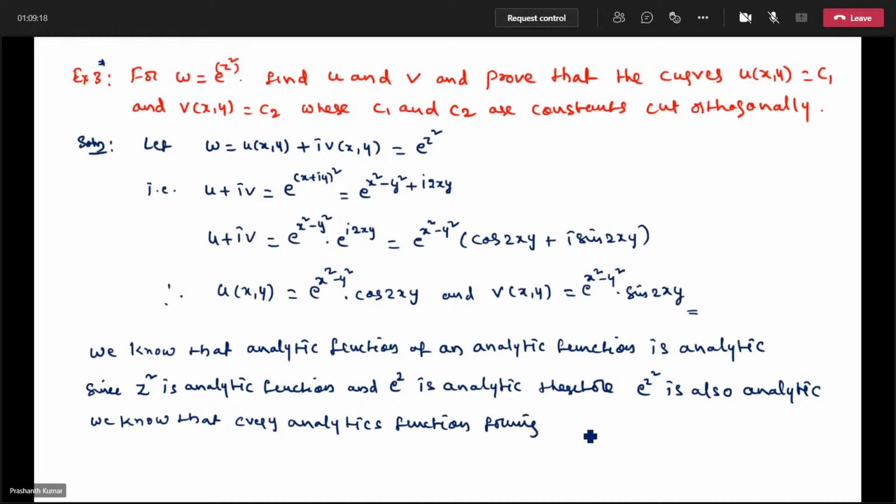Therefore, u of x comma y is equal to C1 and v of x comma y is equal to C2.